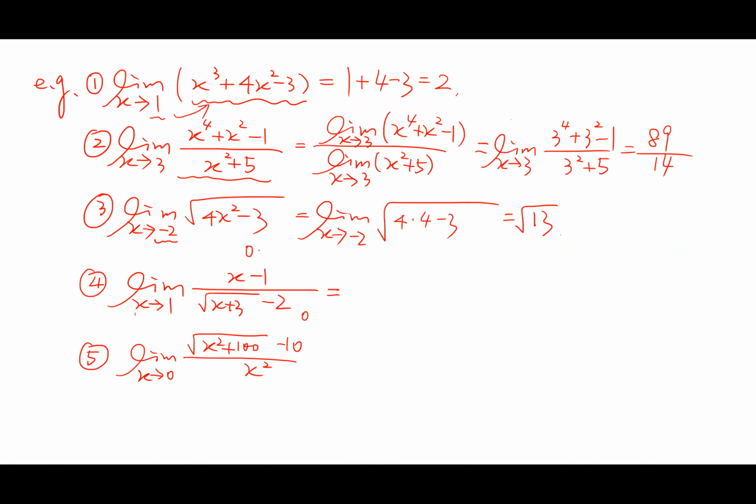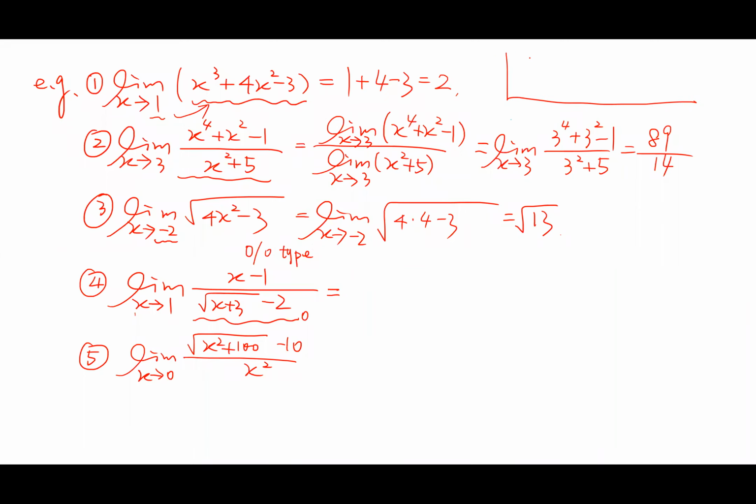So we get the 0 by 0 type, and we know we cannot substitute here. We have to find another way, which we have learned. I will write it down here.